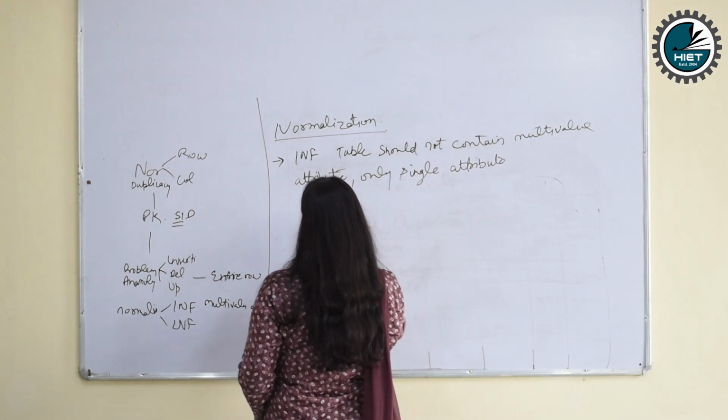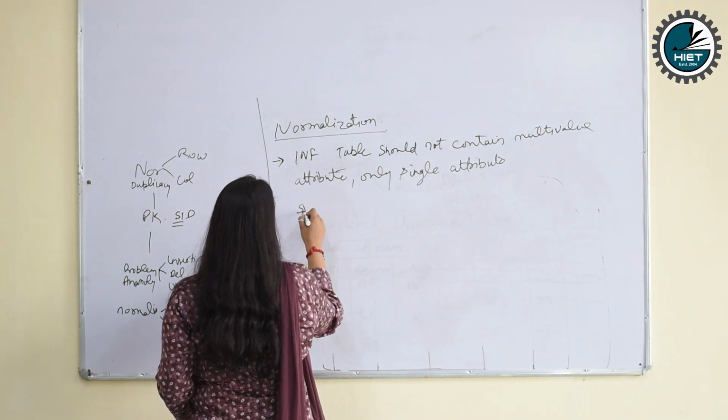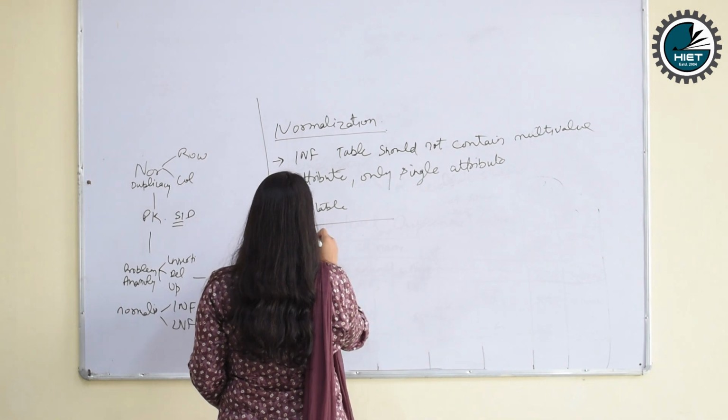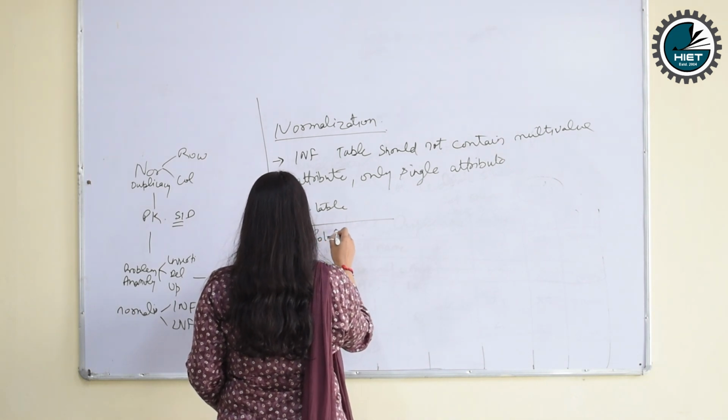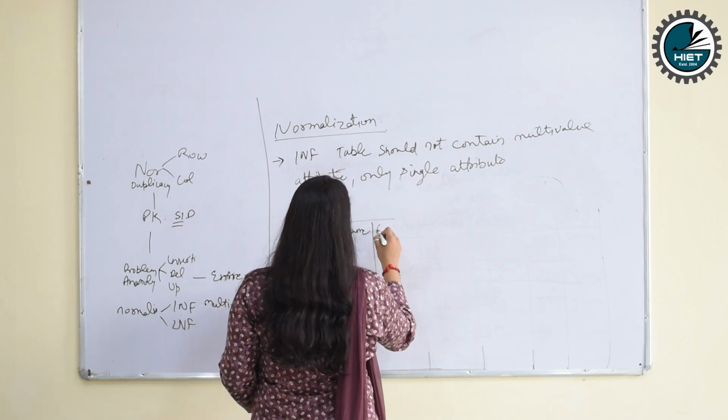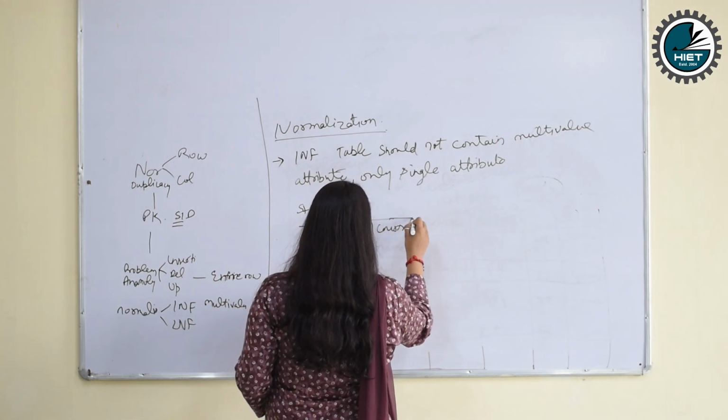For example, we have a student table: roll number, name, course.